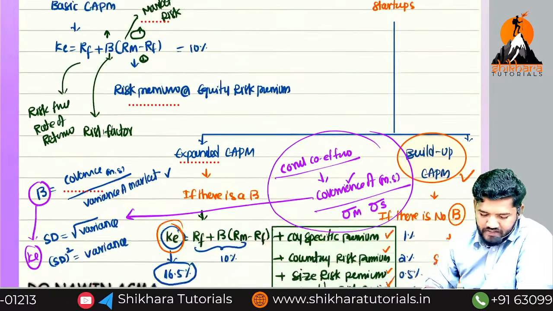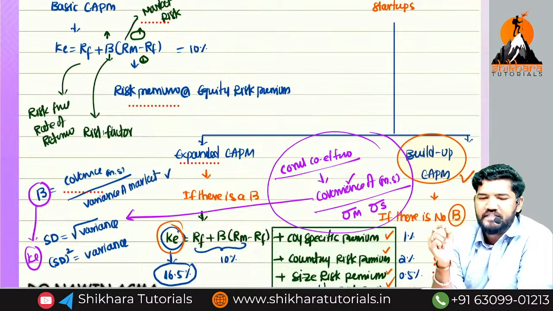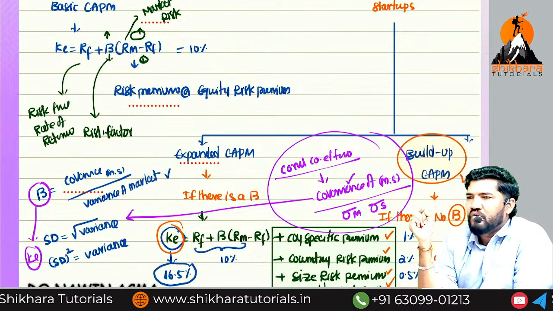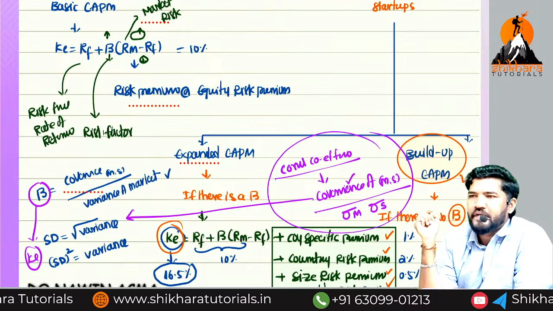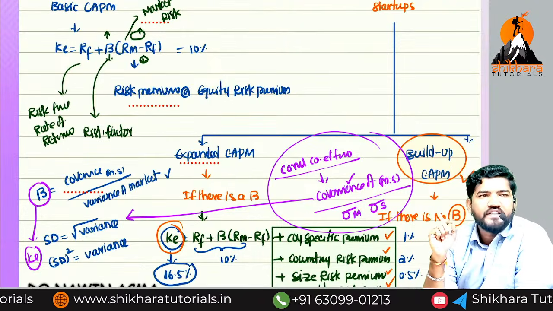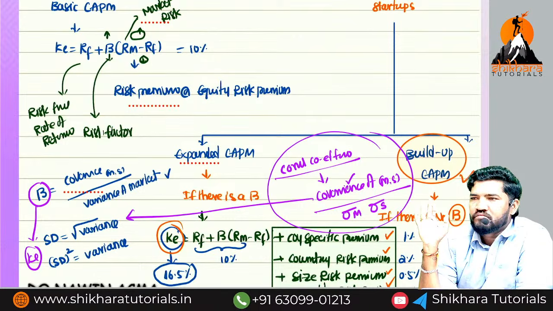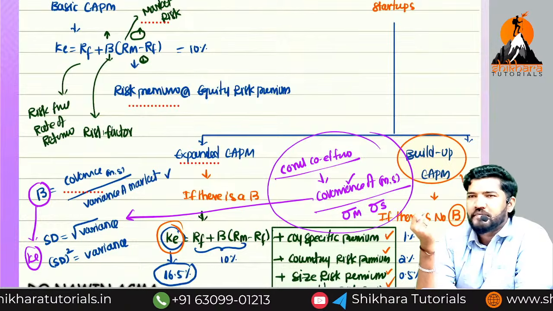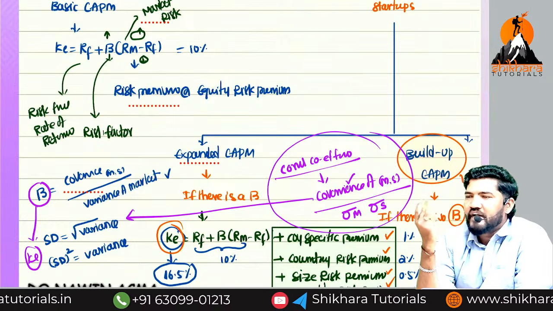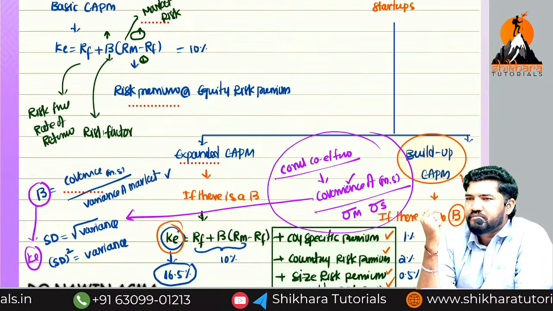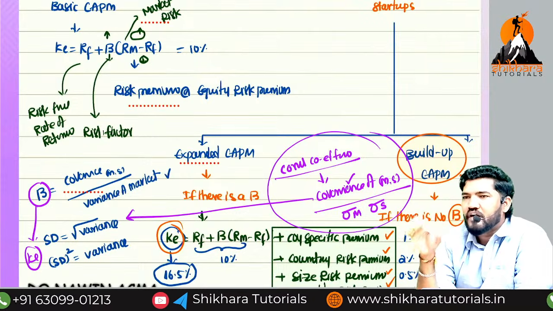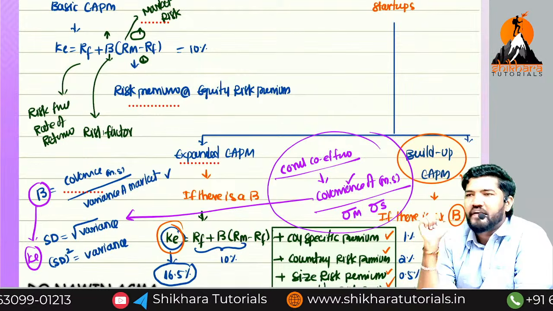The ultimate discussion is you need to learn about basic CAPM, expanded CAPM, and build up CAPM. When we are using build up CAPM, there is no beta. Market sensitivity we can't find out. That is also known as market sensitivity. When we are using expanded CAPM, beta is not for public companies, it is for private companies.